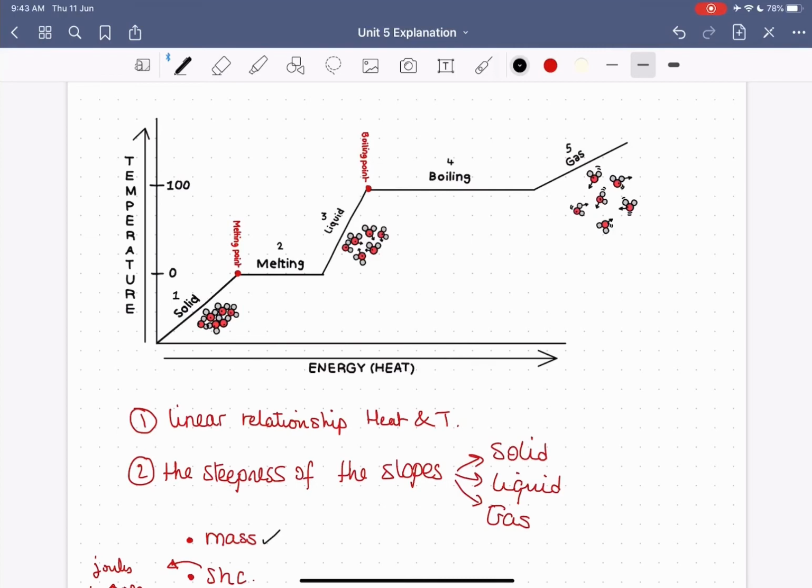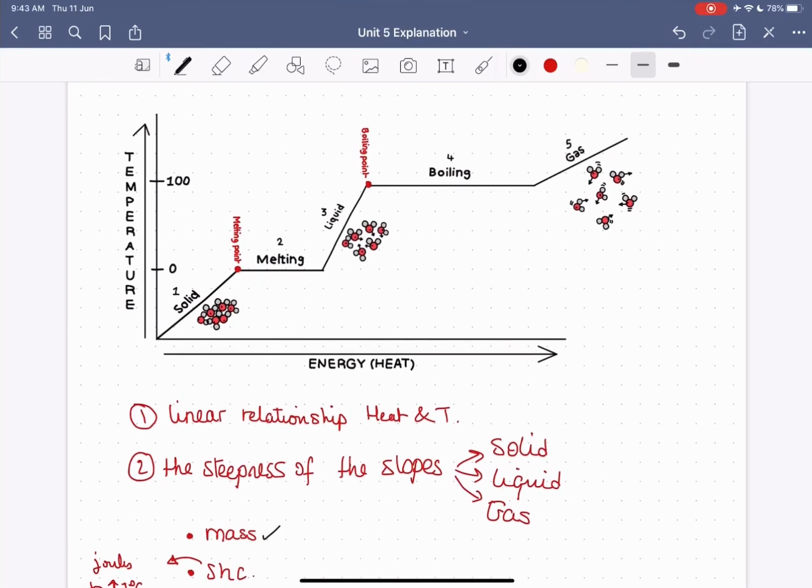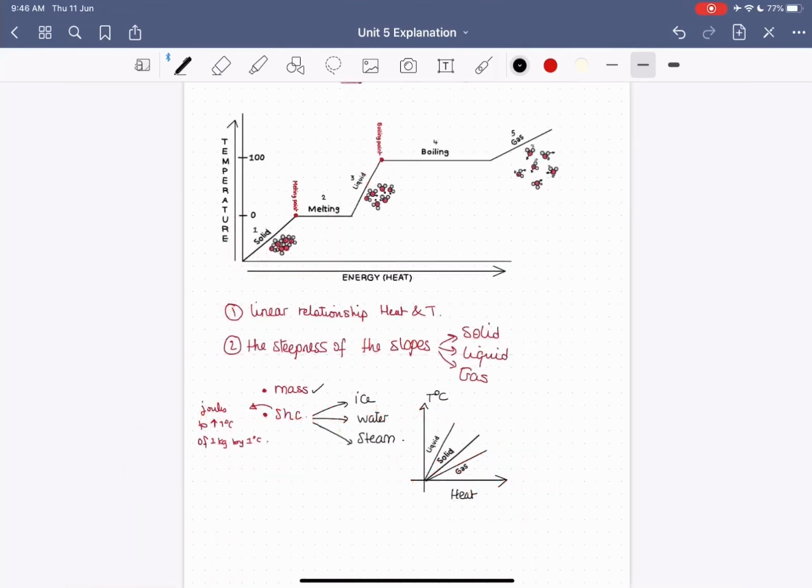So since the mass remains the same, this means that the specific heat capacity here is the thing that will affect the steepness, how much temperature is raised for the energy or heat applied to it. So I was saying that the specific heat capacity of ice and water and steam is not the same. And we can see this by comparing the slopes.